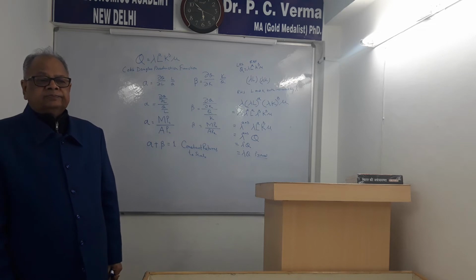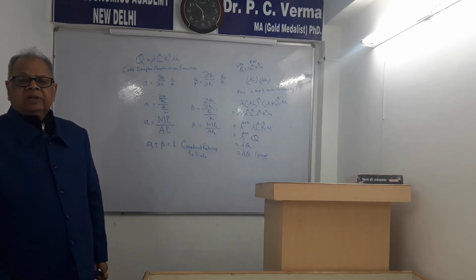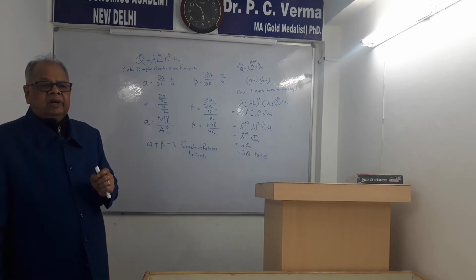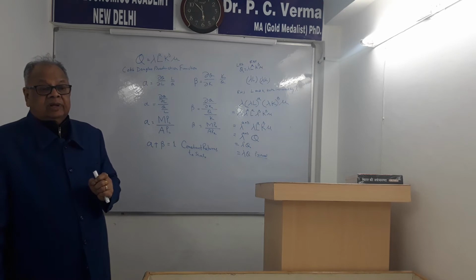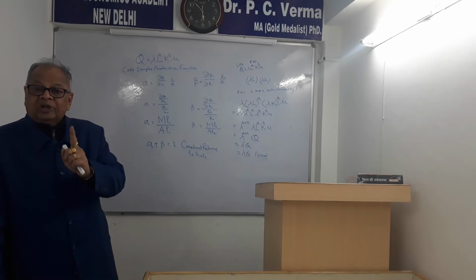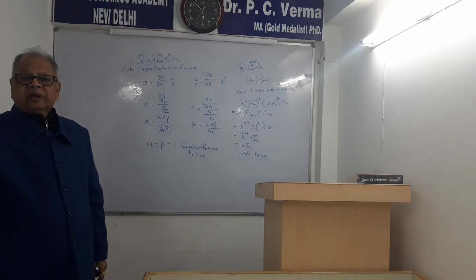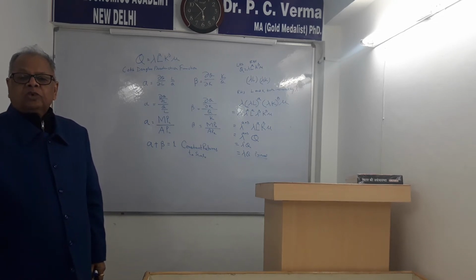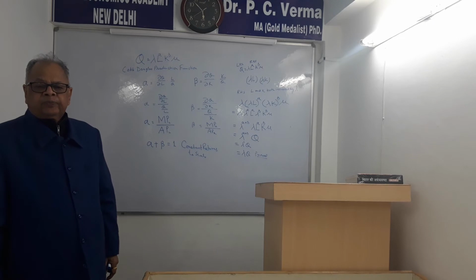Cobb-Douglas production function operates under constant returns to scale. This is the first property of Cobb-Douglas production function. Now write down one heading: Properties of Cobb-Douglas production function.